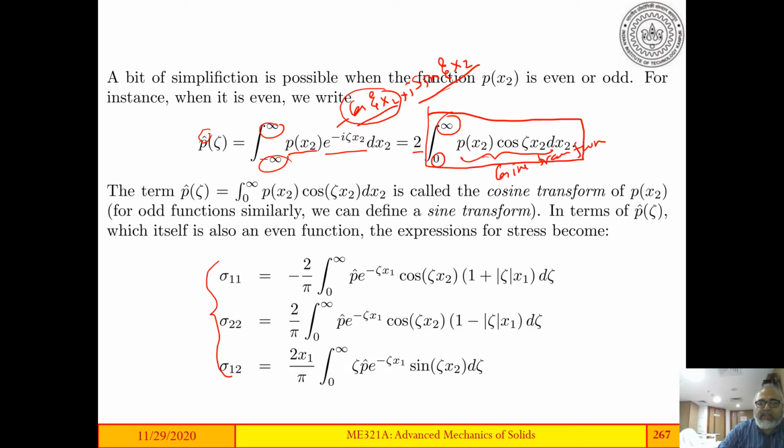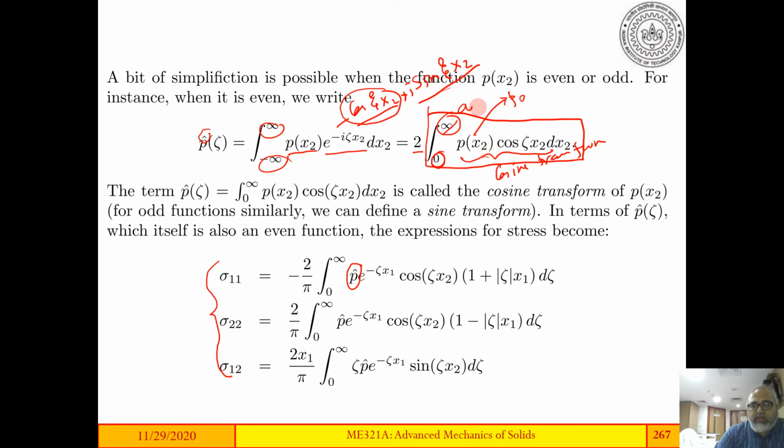So if we want to get the stresses now, all that we need to do is get p bar. The rest of it doesn't depend on what kind of p you apply. To get p bar, we have to do the integral of p(x2) cos zeta x2 dx2. p(x2) in this case is a constant, equal to p naught, and this is an integral not from 0 to infinity, but from 0 to a, because p(x2) is equal to 0 after a.